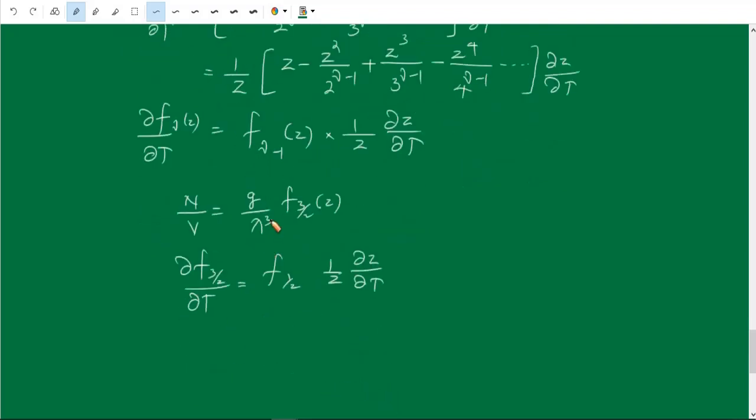Also we have, using this we just differentiate this thing with respect to t, so we can write this thing, from the expression, using equation number 2, ∂f_(3/2)/∂t at constant v.